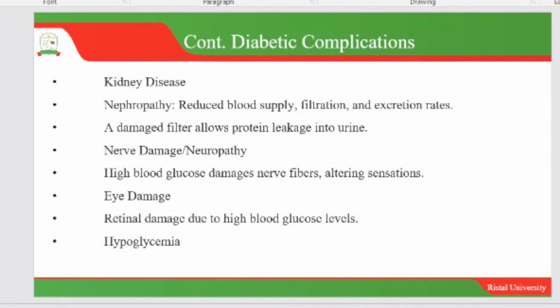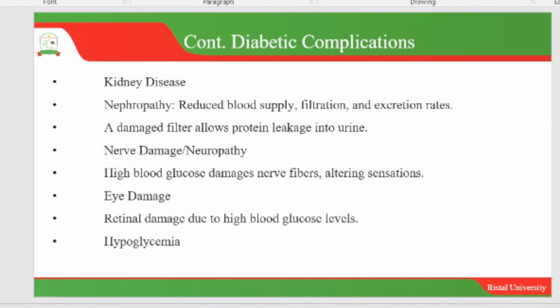The other complication is kidney disease, because there will be a lot of toxins, and this can end up affecting the kidneys, because the kidneys are the ones that are important for formation of the urine. So as they try to filter, there is a lot of glucose that needs to be filtered, then they end up becoming damaged.